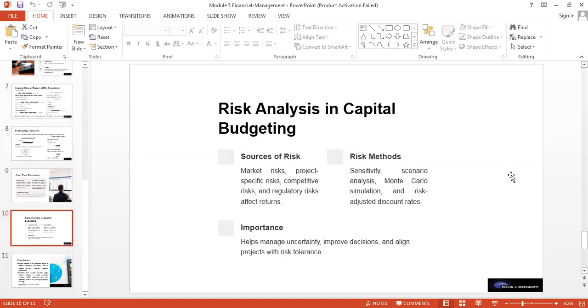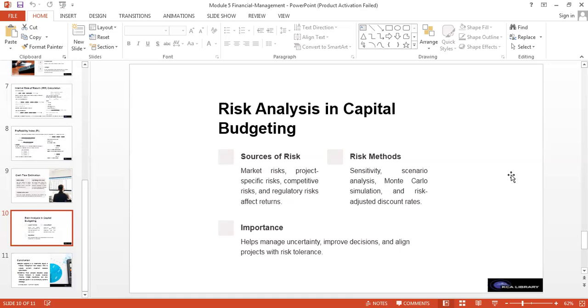And lastly, we are talking about risk analysis in capital budgeting, which we explained in the previous module. For capital budgeting, what are the sources of risk? We have market risk, project-specific risk, competitive risk, and regulatory risk, which affect the returns of a project.